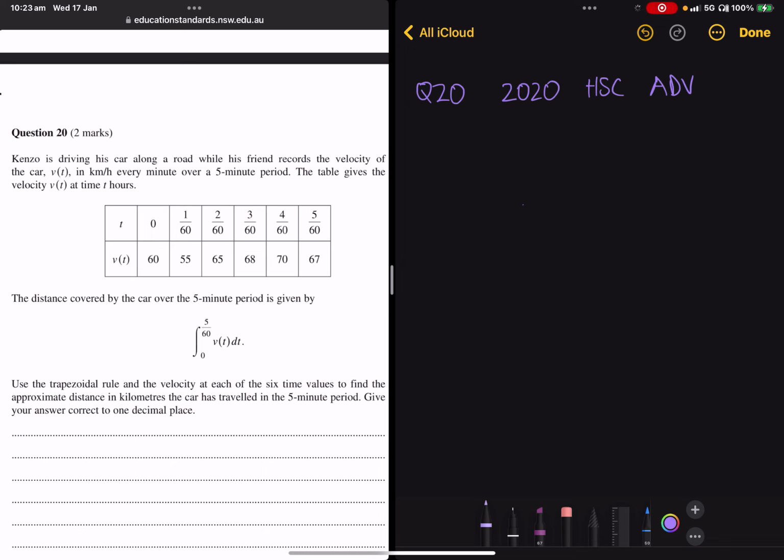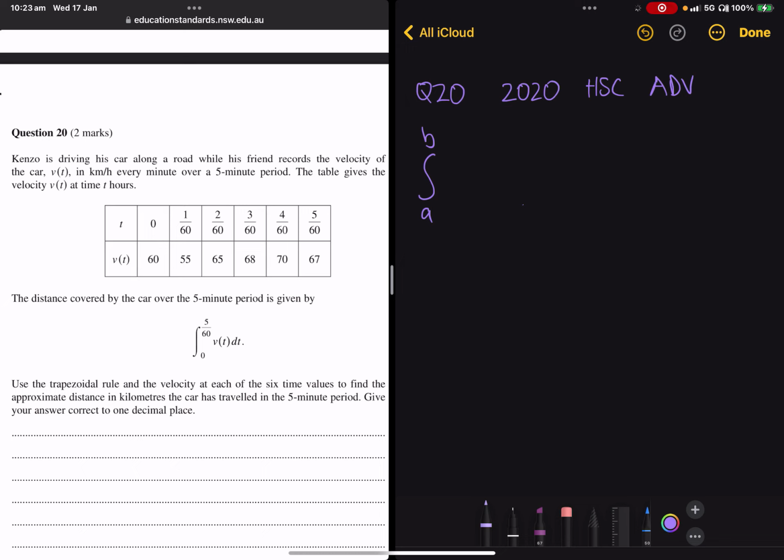So we're going to be using one of the only numerical method formulas on the HSC formula sheet. This is actually in the integrals section. This is sometimes called the trapezoidal rule, sometimes called one of the numerical methods more generally.